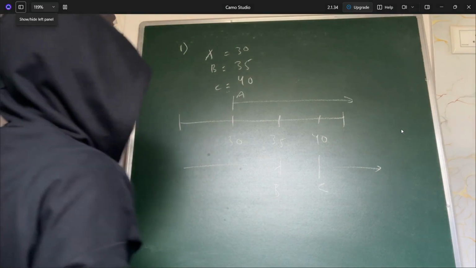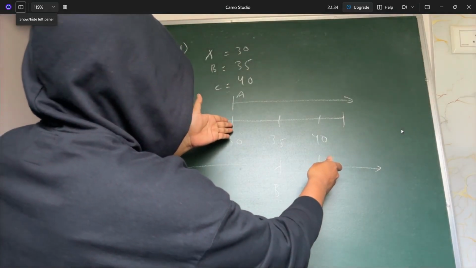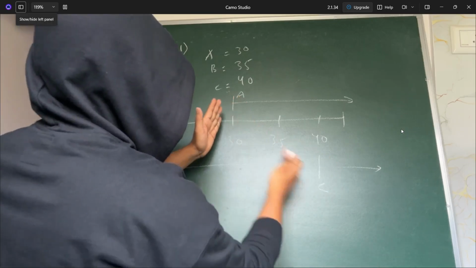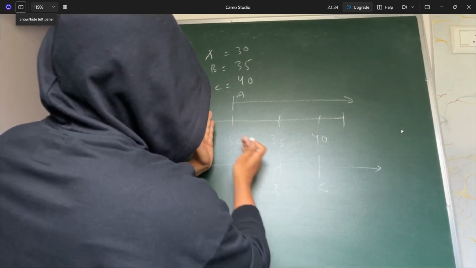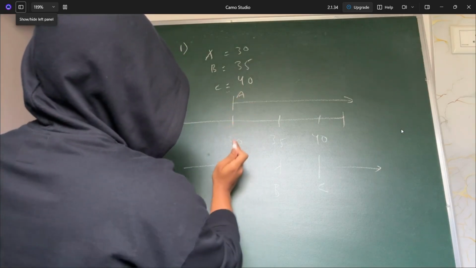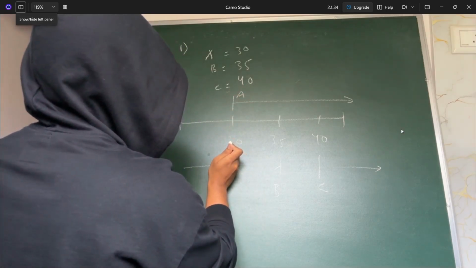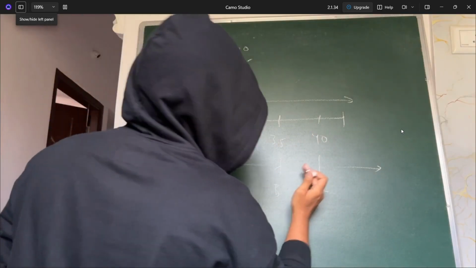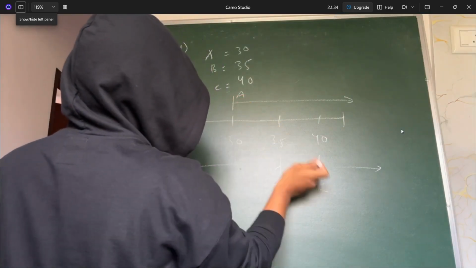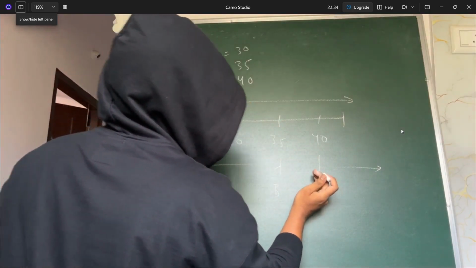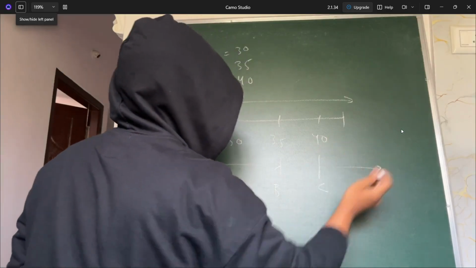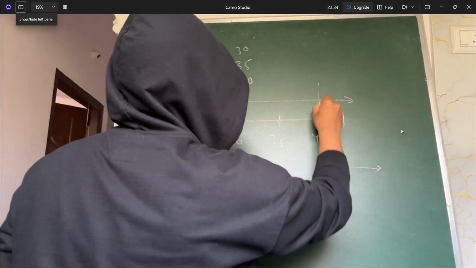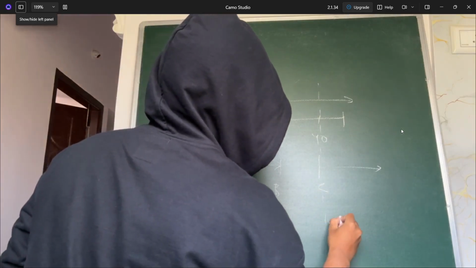Now these 2 points, since both are at least: Alice is saying 30 is the least, but C is saying 40 is the least. So we will go to the later point only, because to satisfy both conditions, the at-least has to be the right-hand one. So this is our left boundary.